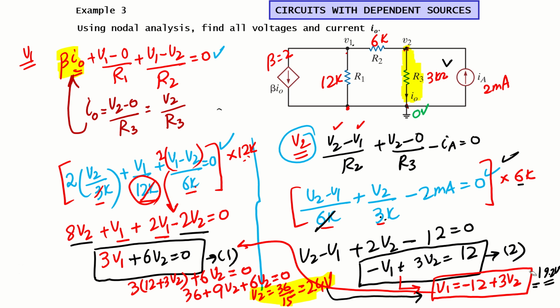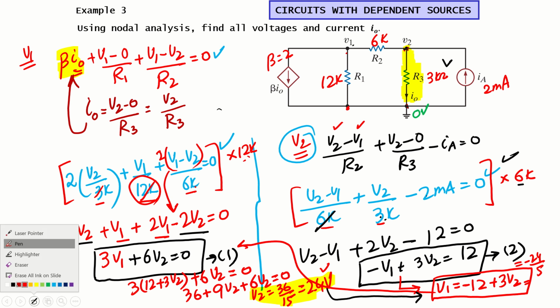If we recalculate this value, because V2 is what we just found, 2.4, then minus 12 plus 3 times 2.4 will give me minus 24 over 5, or we can rewrite this as minus 4.8 volt. So this is the way to solve all such examples, even if we have a dependent current source here. Thank you so much.